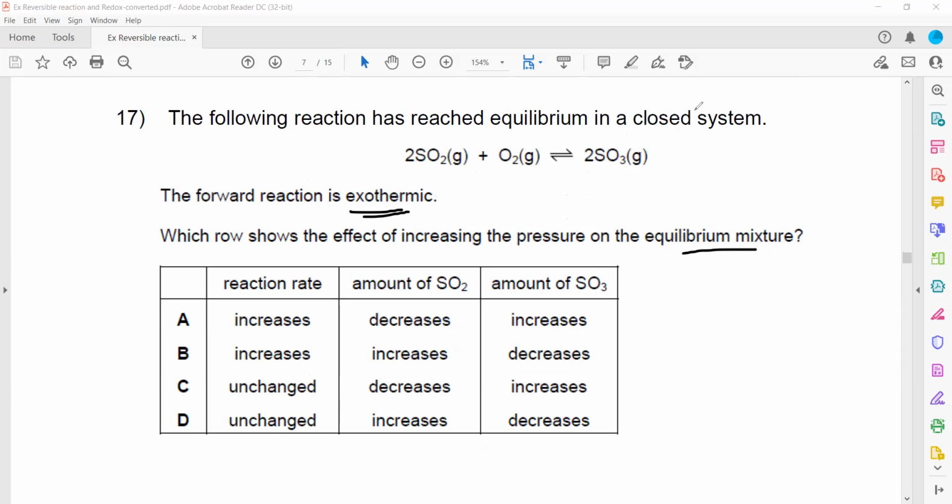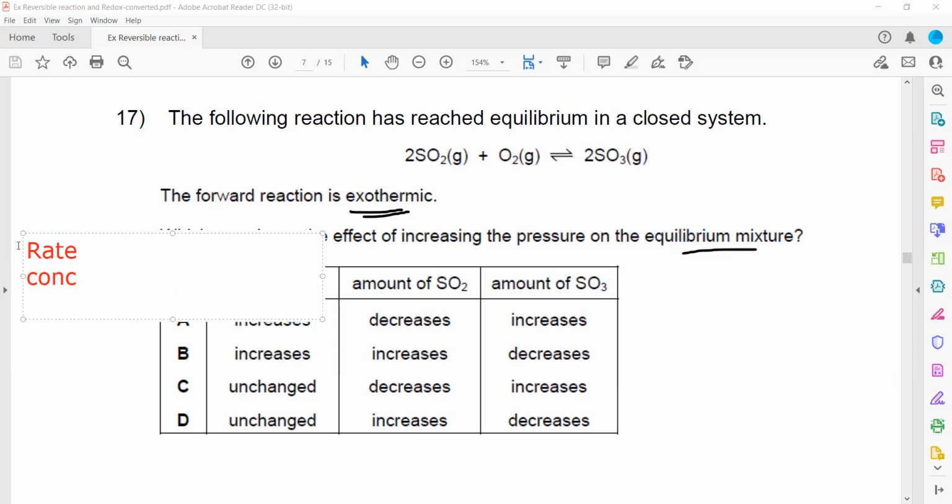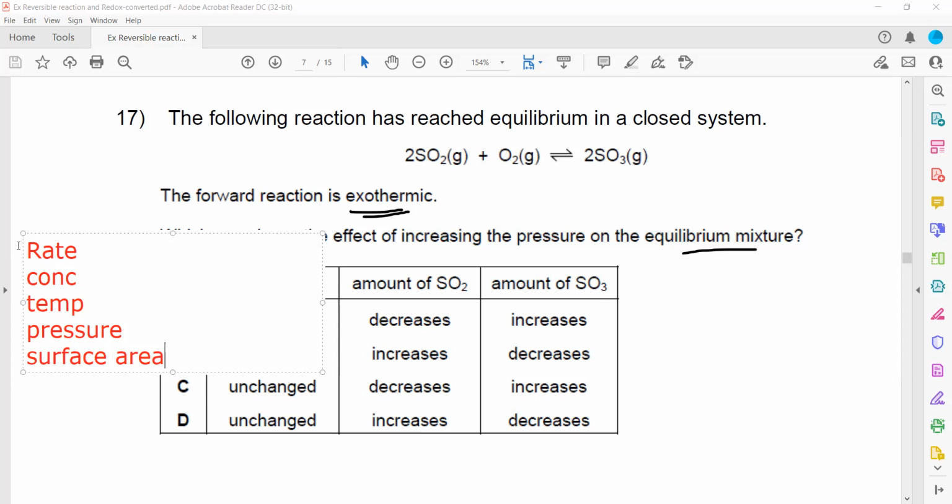If we increase the pressure, the rate of the reaction increases. The factors which affect the rate are temperature, concentration of the reactant, pressure, surface area, and catalyst.